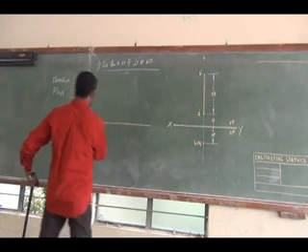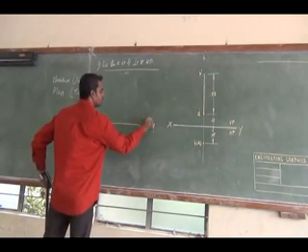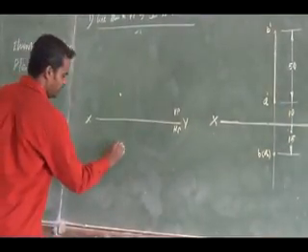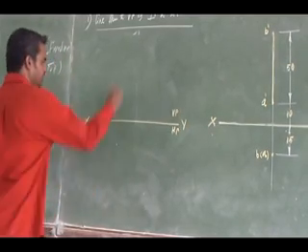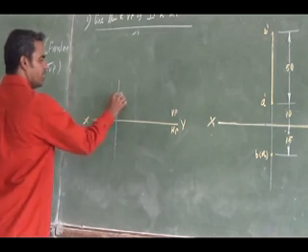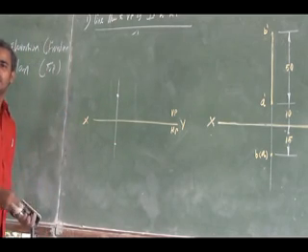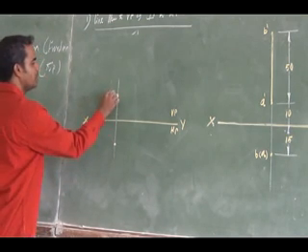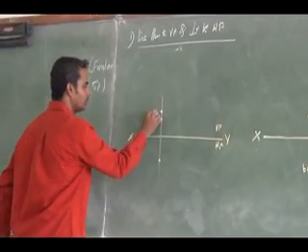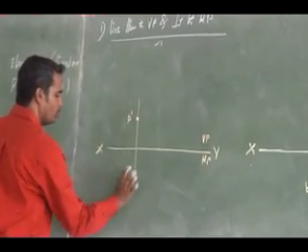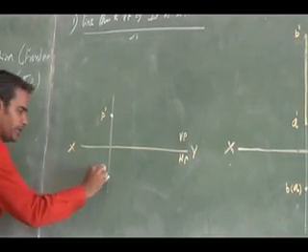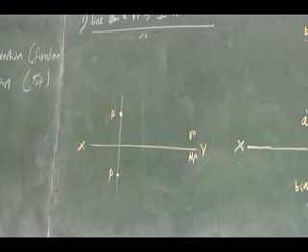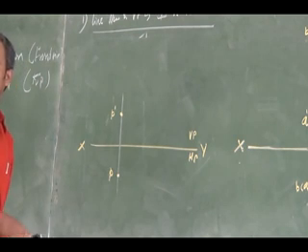The reference line X, Y. So this is VP, HP. One end is 15 mm, so you can draw a projector for one end. One end A location is nothing but a point, right? That location is given, it is P dash B. So both are 15 mm above and 15 mm in front of.